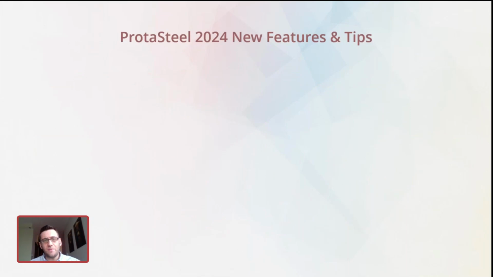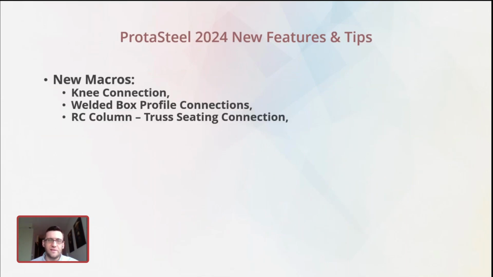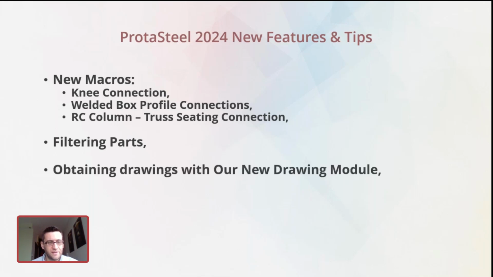Now let's talk about our new features and tips. We have just introduced new macros in ProtaSteel, which are knee connection, welded box profile connections, and RC column truss seating connection. You can filter parts regarding their part numbers.